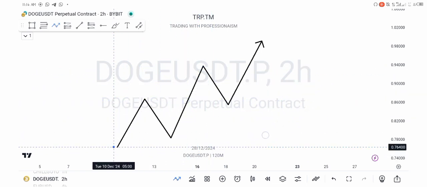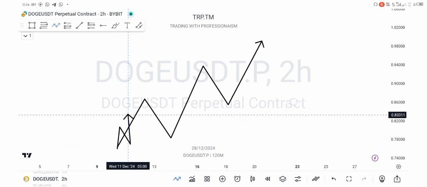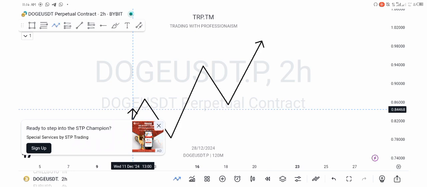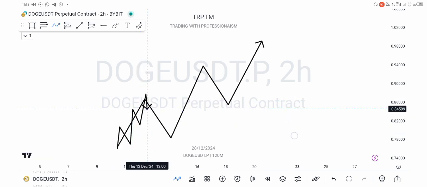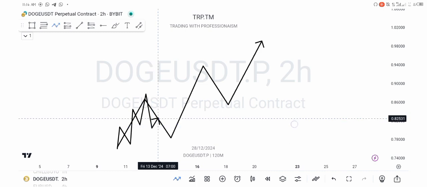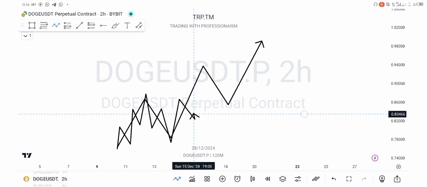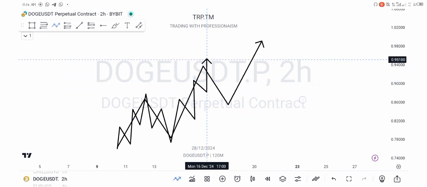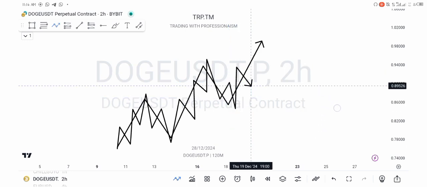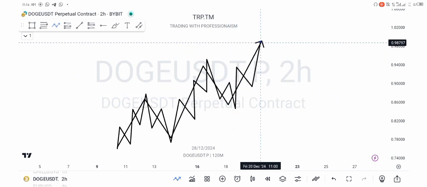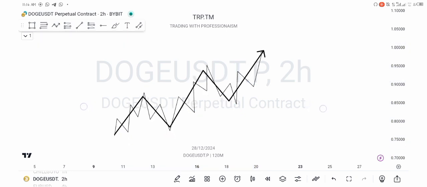If you go down to the 30 minutes time frame, it will look something like this, consisting of uptrends and downtrends. You can see a shift in market structure here, a break of structure, then another shift. This is how the lower time frame will look. So the lower time frame delivers price to the higher time frame. Get this into your head.